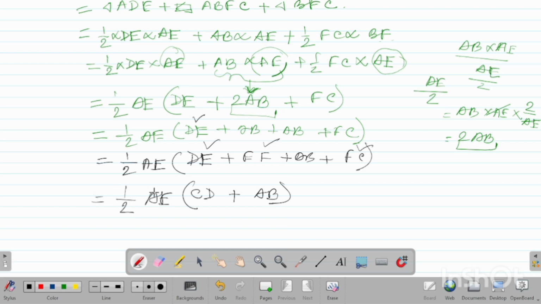Here you can see AE is the height of the trapezium, CD and AB are two parallel bases.